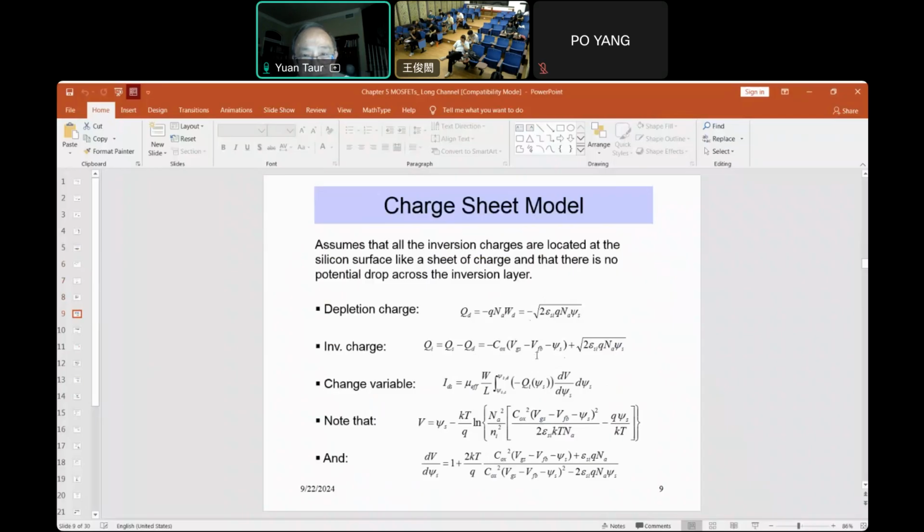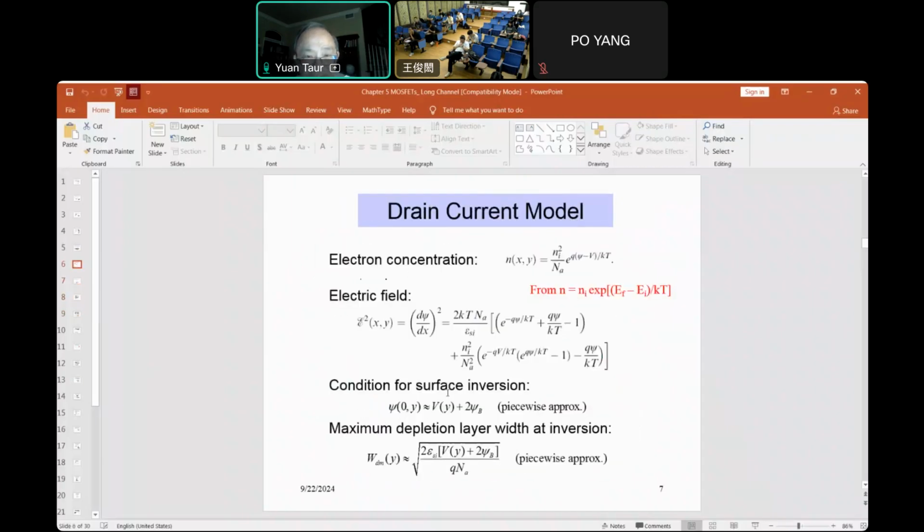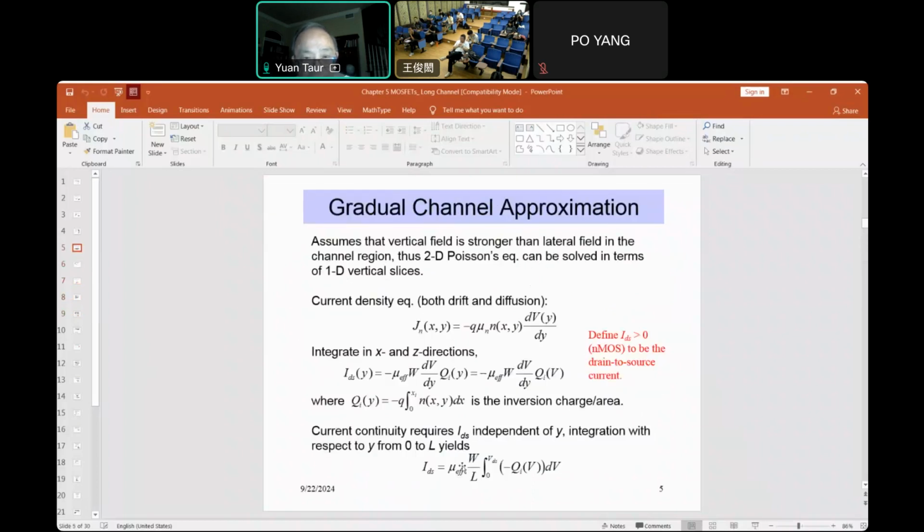For a given gate voltage, there's only psi s. So now we can integrate. Remember that IDS is integration of Qi with respect to dV.